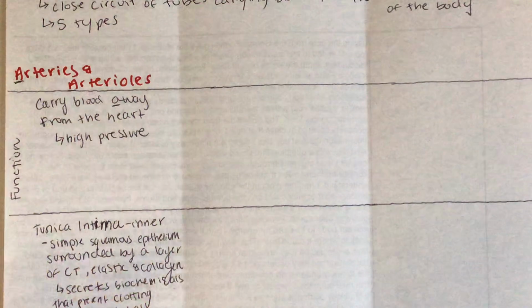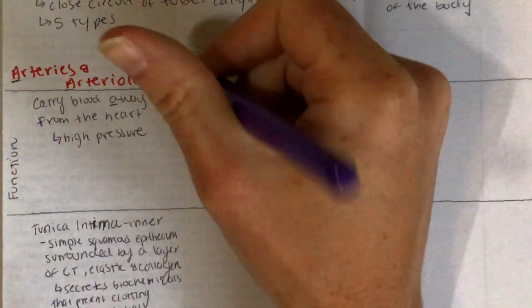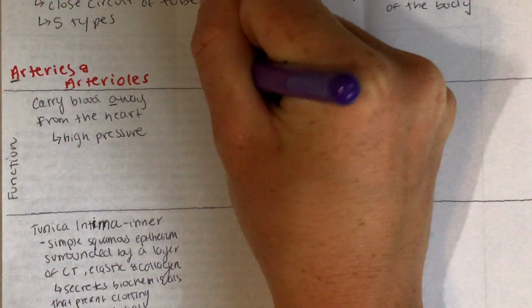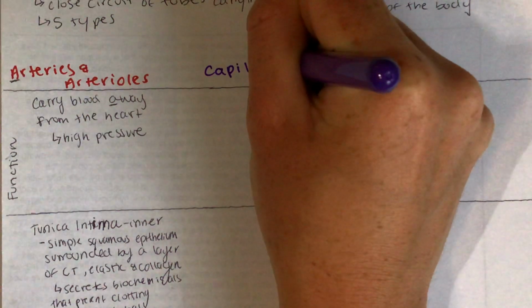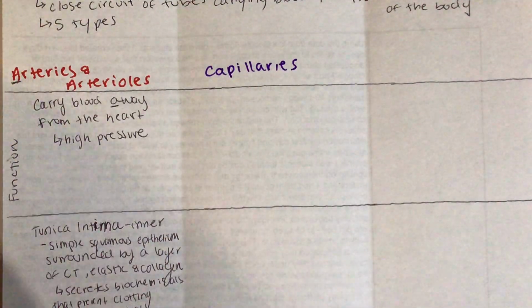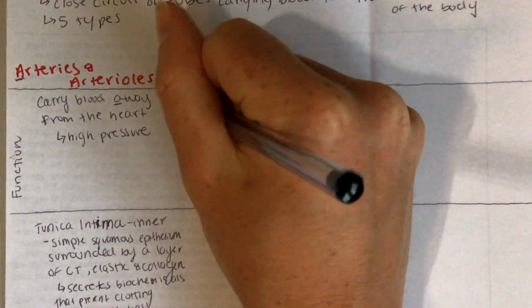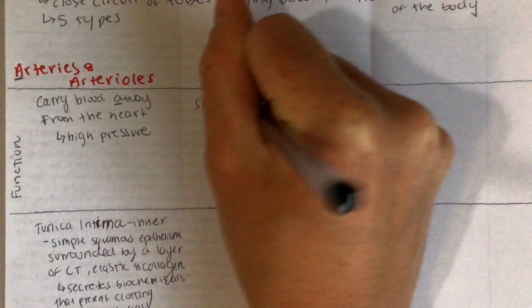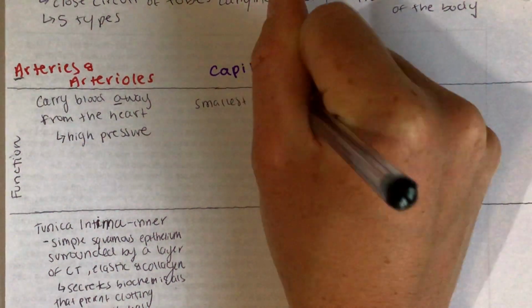All right, so before we get to the drawing, we are going to move over to the middle column. This is what we're going to label with capillaries. And capillaries are the smallest blood vessel.